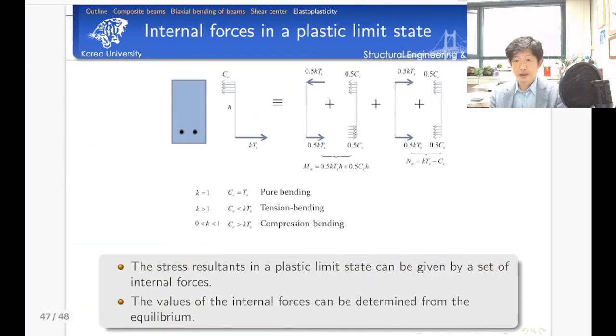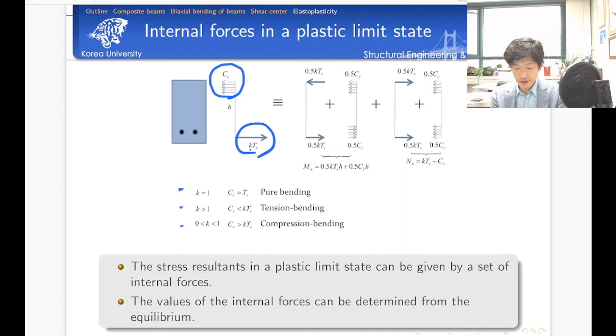So let's consider the internal forces in the plastic limit state in the reinforced concrete problem. Here, let's consider a reinforced concrete cross section. It's a simplification. We have compressive force and tensile force here. In the sense of force equilibrium, we can consider three different cases.